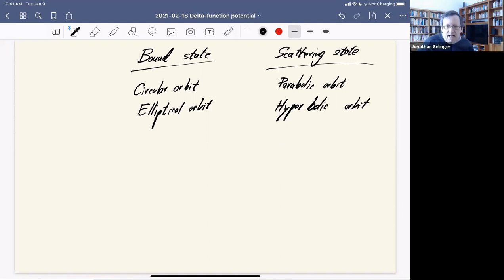And what makes the difference between these things is the energy of the particle. In the case of a bound state, the particle energy is less than the energy needed to go to infinity.